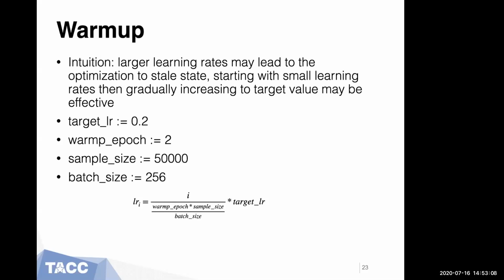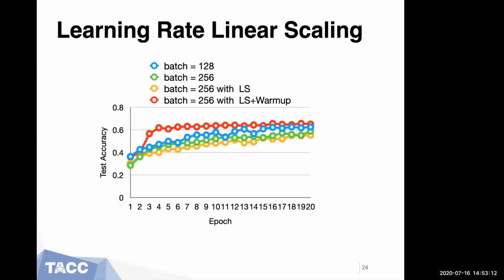This is just a linear operation. And we see this red curve, batch size 256 with linear scaling and warm up, is slightly better than what we have with batch size 128, right? By the end of the 20th epoch, this is good enough.